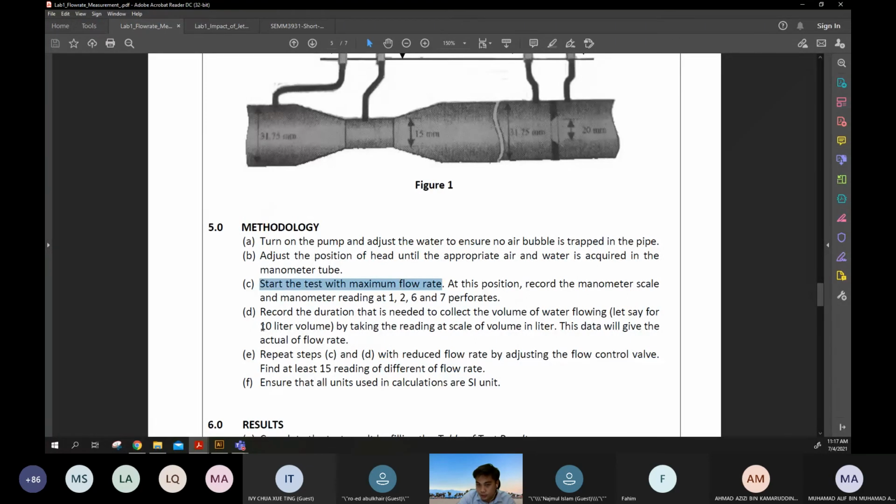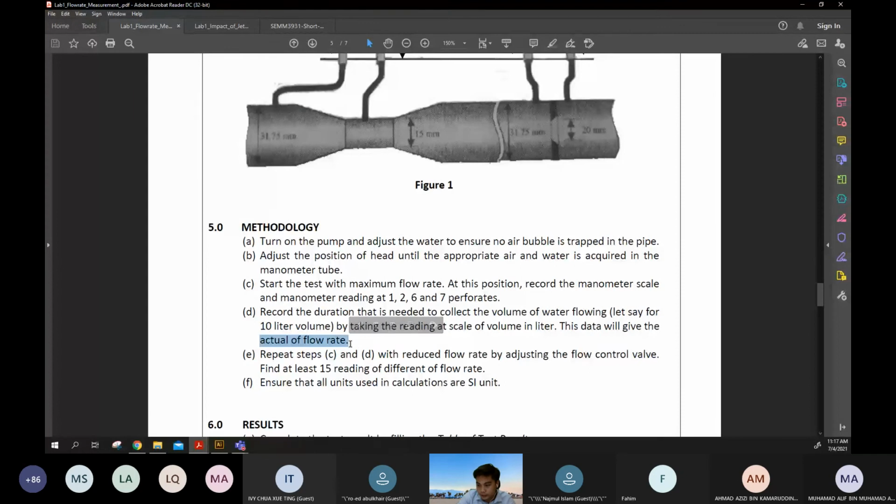We're going to give you the raw data, 10 liters, as well as the time taken for measurement. By taking the reading scale and the volume in liters, the data will give the actual flow rate.